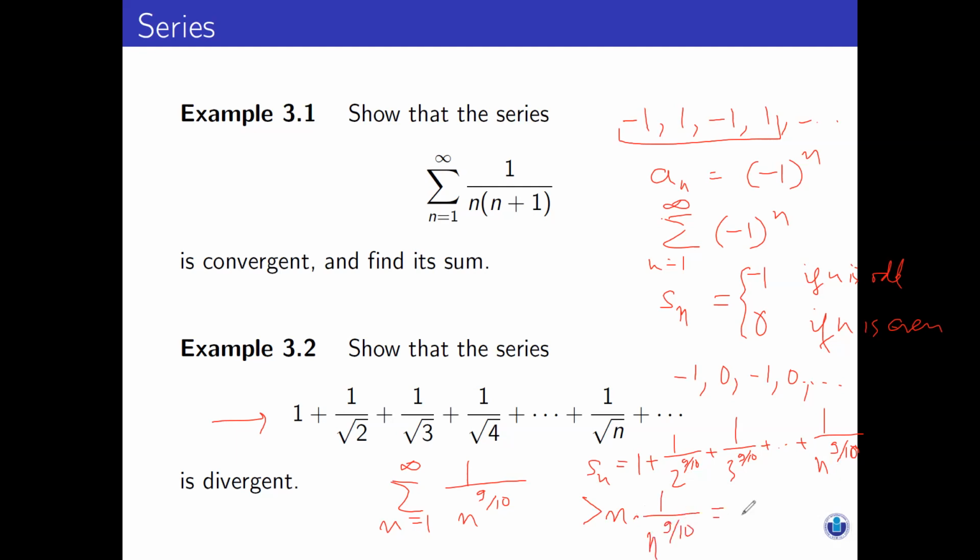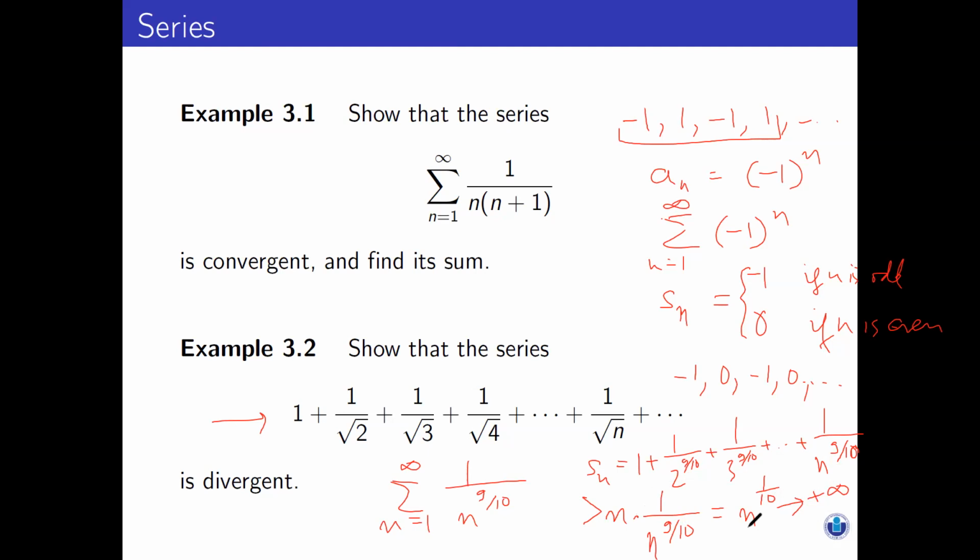And this is still n to the power 1 over 10. And 1 over 10 is positive, so this goes to infinity when n goes to infinity. So in this case, we still have a divergent series.